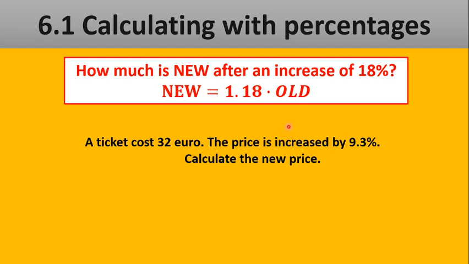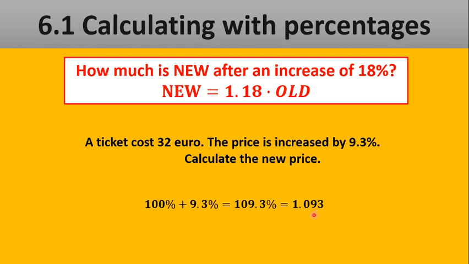Another example, let's say a ticket costs €32. The price is increased by 9.3%. Calculate the new price. Well, NEW is going to be a certain percentage times OLD. We can calculate this percentage by doing 100% plus the 9.3%, which is going to add up to 109.3%, or again, if we're going to divide this by 100, if you find it difficult, take a look at the prior knowledge, leaves us with 1.093.